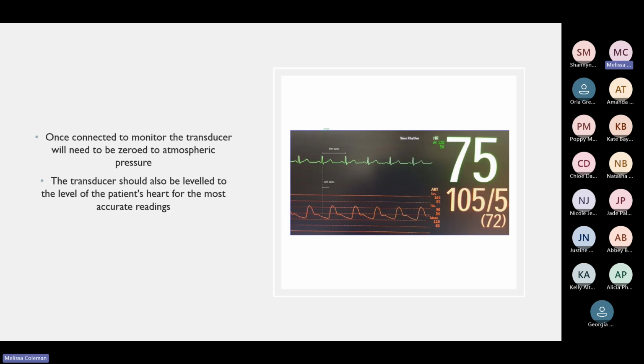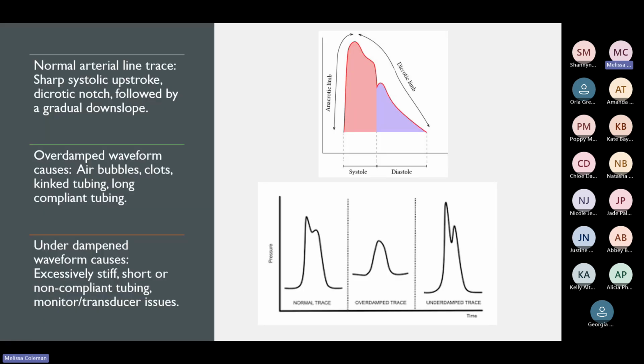So if the patient's on its back, we sometimes have to raise that transducer up. And that's just best for accurate readings. And then we have to open up the transducer to the air briefly and zero it to make sure that we're getting accurate readings.